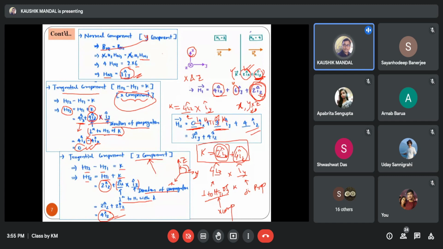And the direction of propagation is iy. Ix cross iy will be iz, as in sequence, so there will be no negative sign; it will be positive.